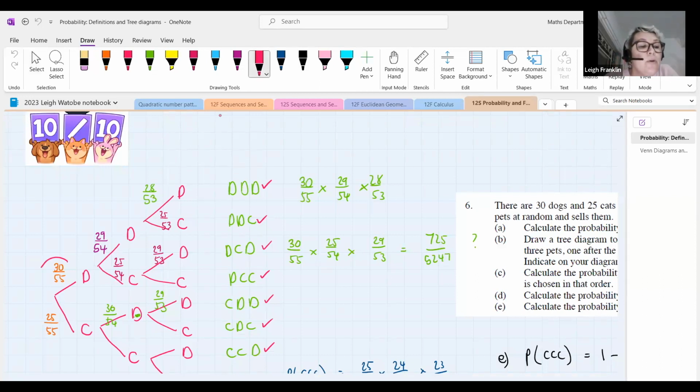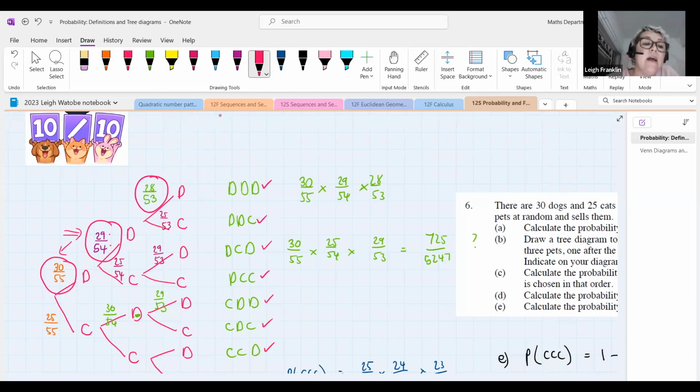So if a person chose a dog the first time, they'd have a 30 in 55 chance of choosing a dog. But the second time, the probability that you'll get a dog is dependent on the previous choice, because now there's one less dog and one less pet. So choosing a dog a second time depends on whether you chose a dog or a cat the first time.